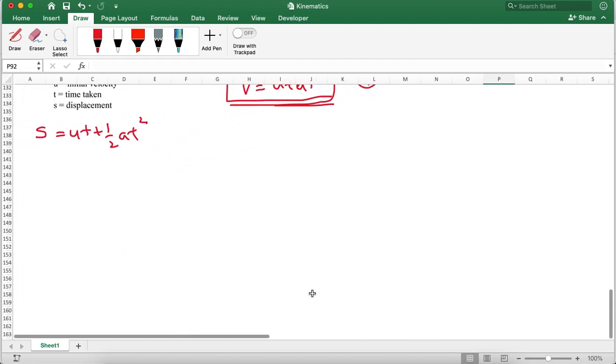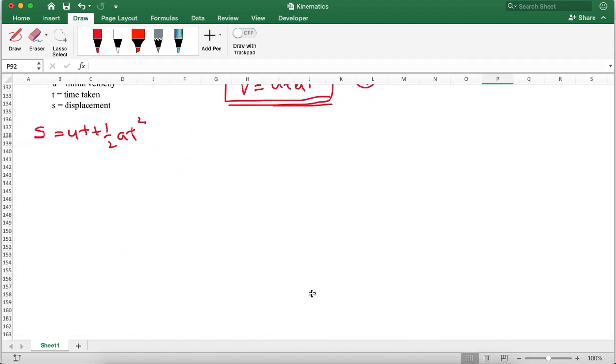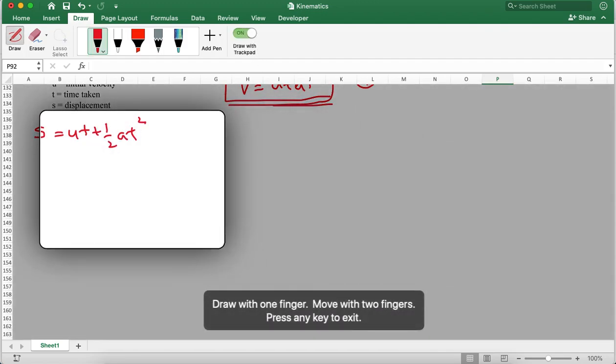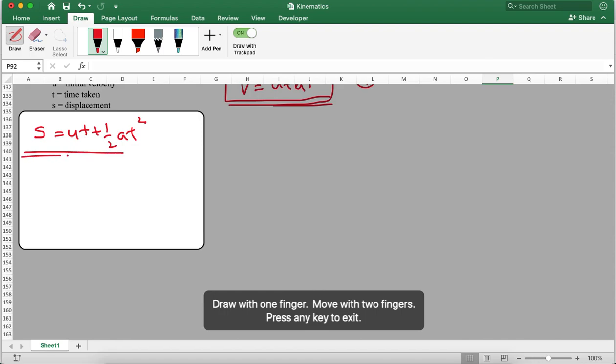Now coming to the relation, s is equal to ut plus half at square. This is what we need to derive now. First let me take that relation where s is equal to v average into t. But what is v average? As we all know, v average is (v plus u) by 2, into t.